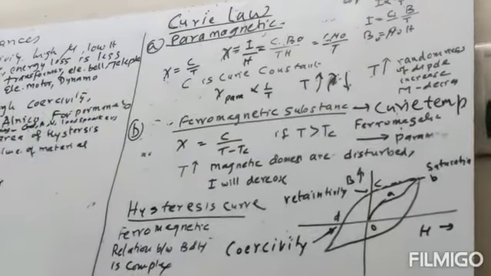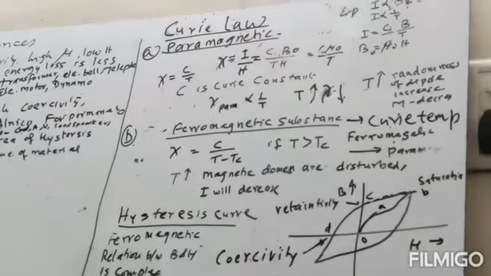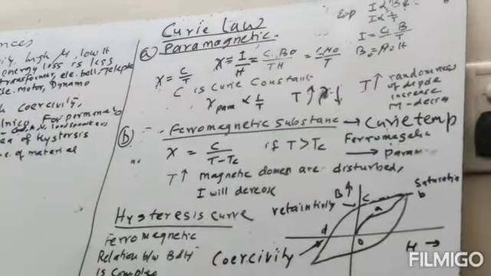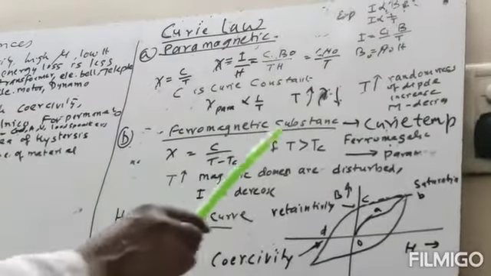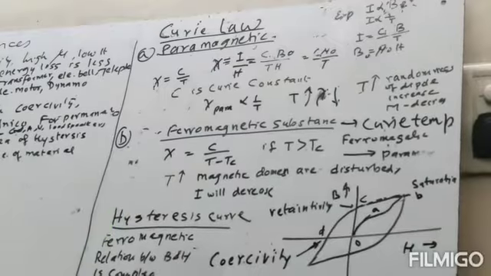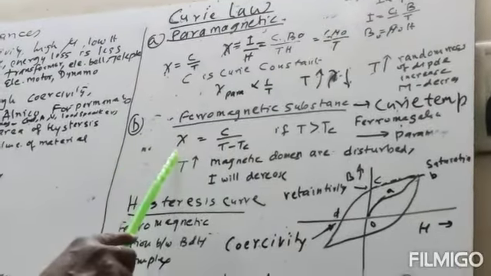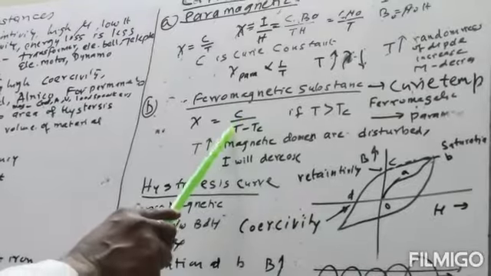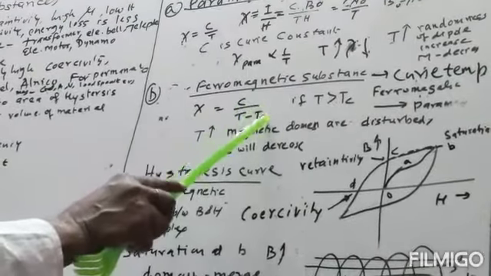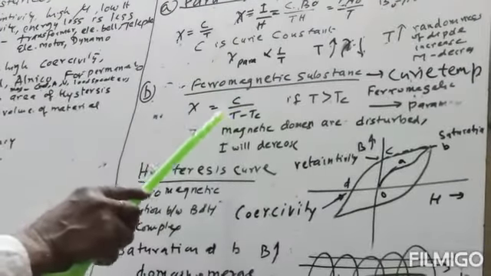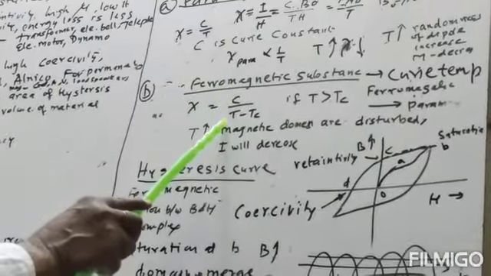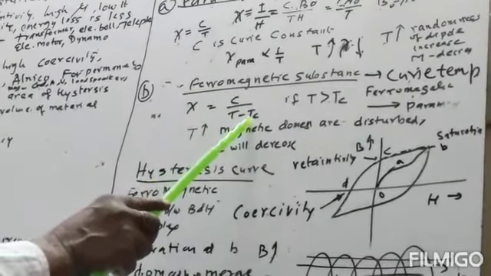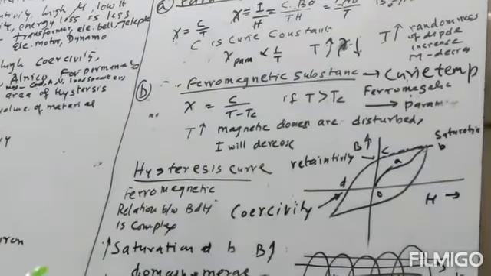Now, if the substance is a ferromagnetic substance, then we say that susceptibility chi is equal to Curie constant C divided by capital T minus Tc. Capital T is the temperature of the ferromagnetic substance, and Tc is known as the Curie temperature.